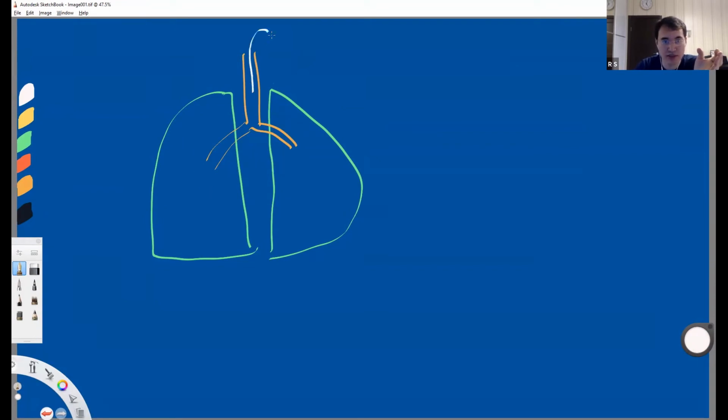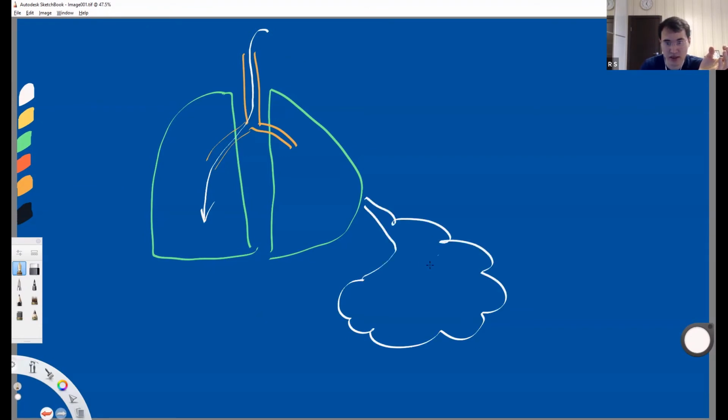It gets straight to the alveoli, and whenever it gets to the alveoli, just imagine this alveolar sac, and we have the lining of epithelial tissue. We also have surfactant on top of this epithelial tissue, and this surfactant is a little hydrophobic. Well, it actually has both hydrophobic and hydrophilic parts.